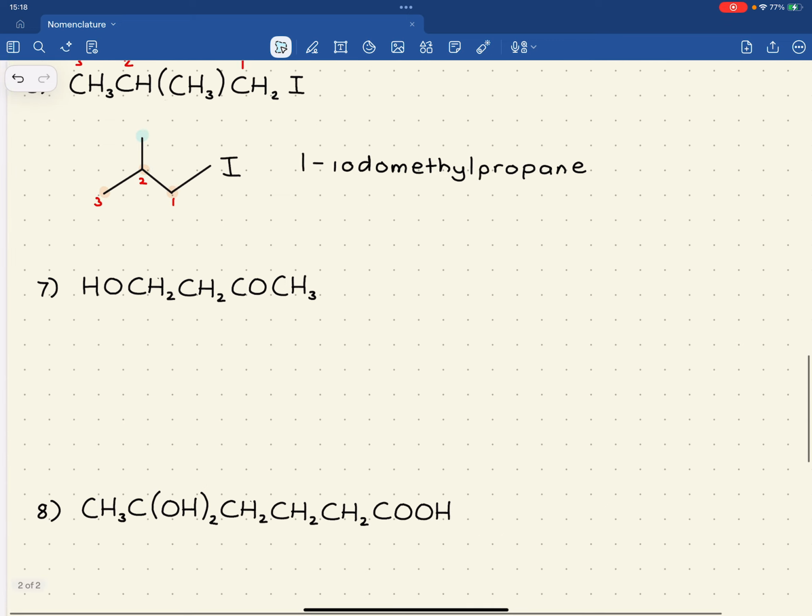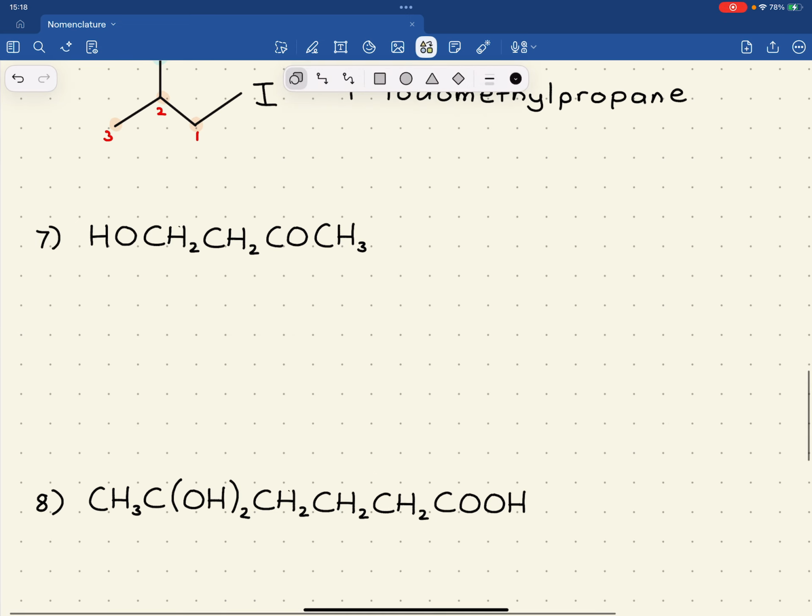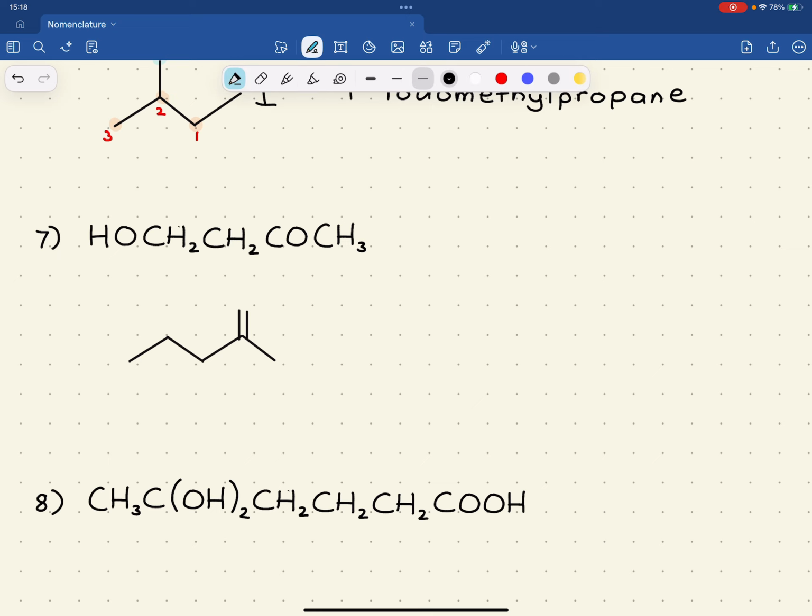But again, let's draw this out skeletally, so it makes it maybe a little bit easier to see. So we've got an O there and an OH there.